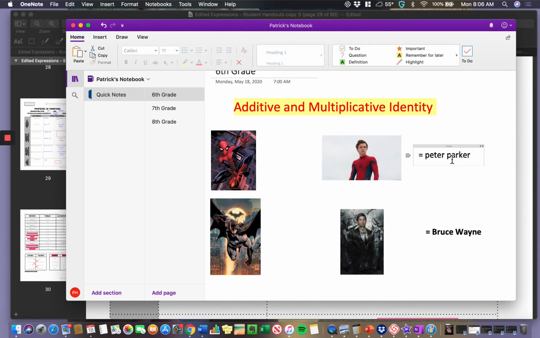Or, for example, Batman, where Batman is always Bruce Wayne. That is his real identity. Think of it as their identity, meaning that it stays the same no matter what it's disguised in. So you can think of these as variables: no matter what superhero they are, their identity will be the same.